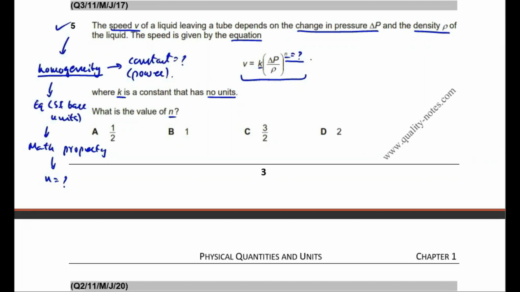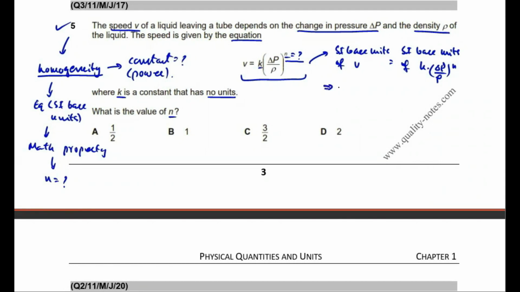From this equation, using the property of homogeneity of physical equation, we can write that SI base units of v, where v is the left hand side of the given equation, are equal to SI base units of k times (delta P over rho) whole power n, where k times (delta P over rho) whole power n is the right hand side of the given equation.